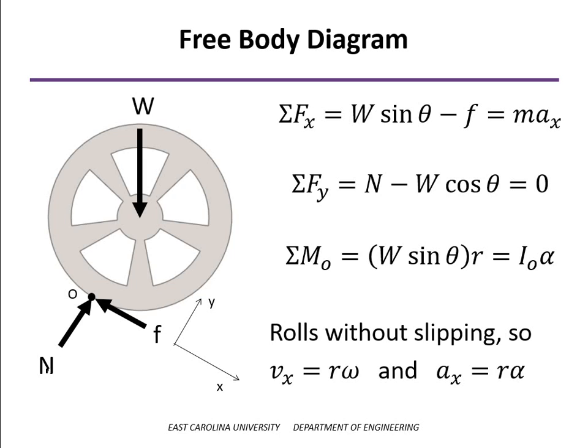Then we have the relatively simple equation that the sum of the moments about that point is equal to the mass moment of inertia about an axis through that point times the angular acceleration alpha. And of course we also have the equation that relates the acceleration of the center of mass to the angular acceleration.